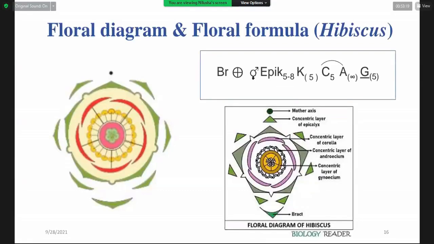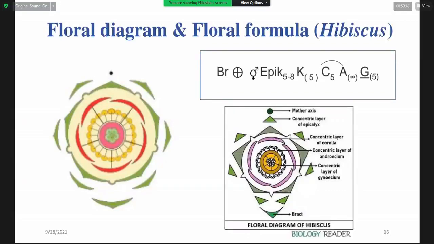The stamens are in monodelphous condition. You can see in yellow color the anthers and filaments, and the androecium parts are surrounded by the staminal tube.